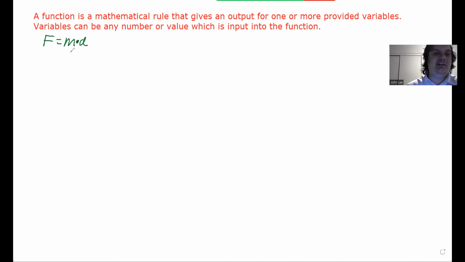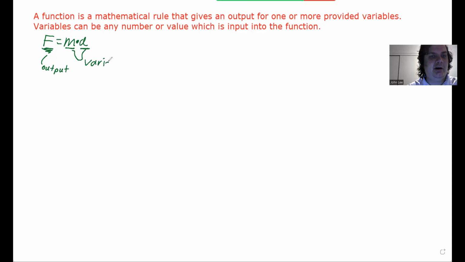Now, this is a function that gives us force as an output. It tells us how much force is needed in order to accelerate something of a given mass with an acceleration that's also given. So these are variables, and then the force is the output.